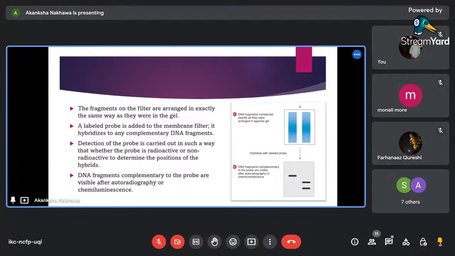If the probe is radiolabeled, then we perform autoradiography. By following these steps, we perform the Southern blot technique to detect the specific DNA sequence.